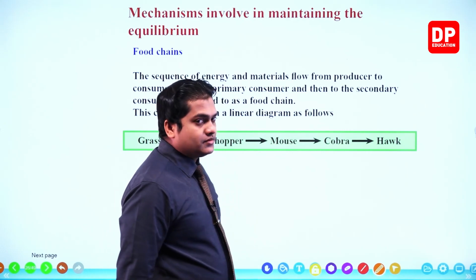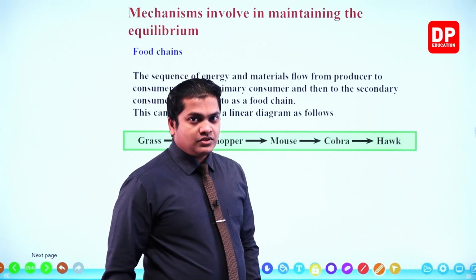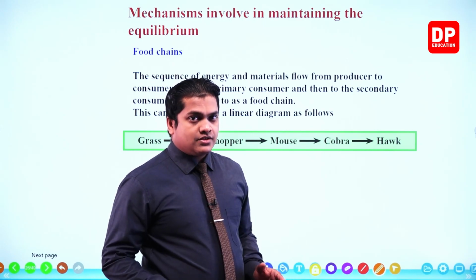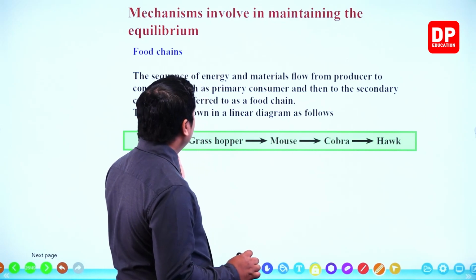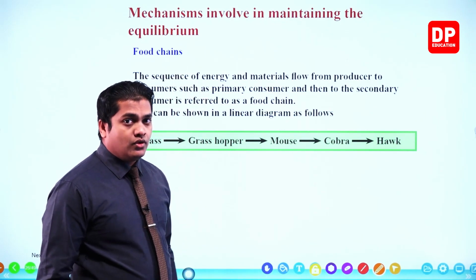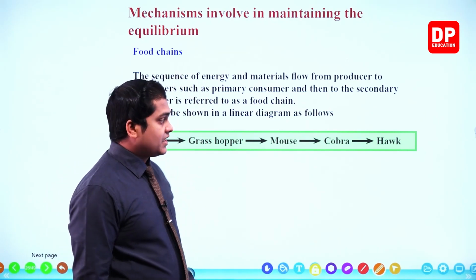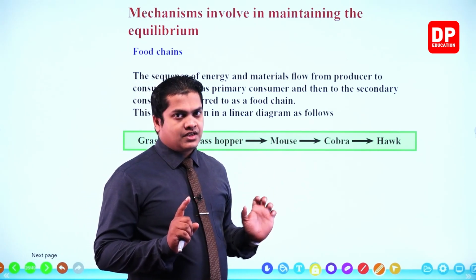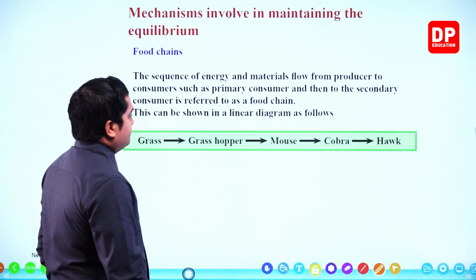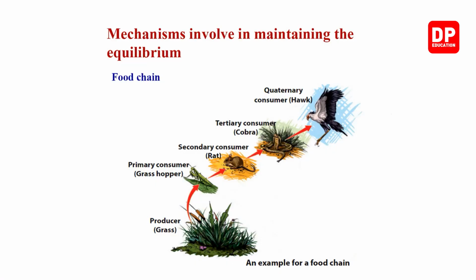Alright. Right. So I hope that you got the idea. What do you mean by this? Food chains. So here in a food chain, my dear children, this is going to show only one single pathway like this. Right then. So a food chain is given with several figures over here.